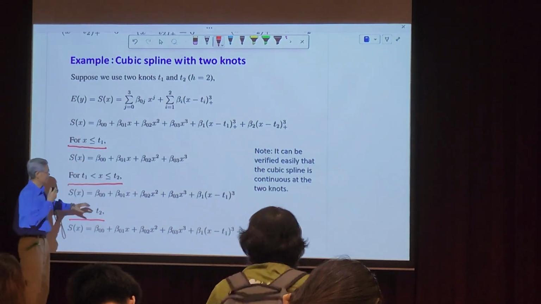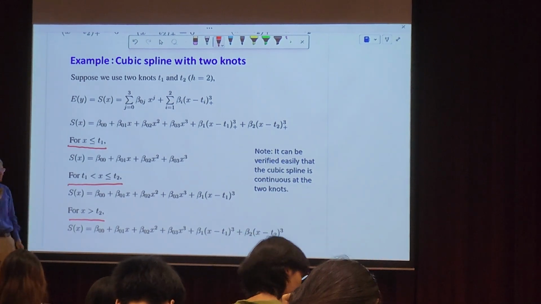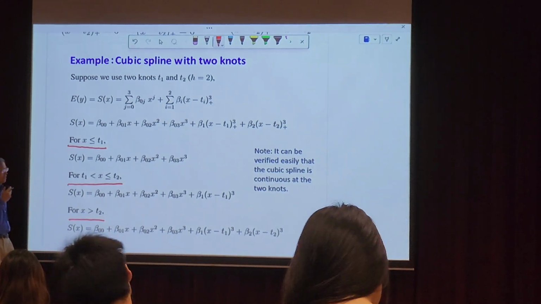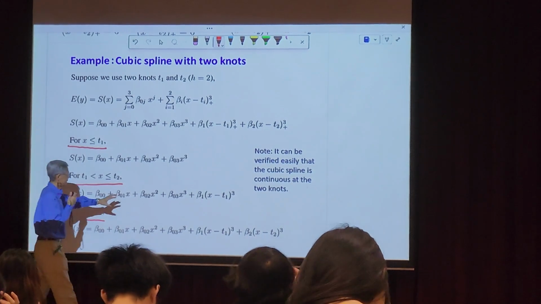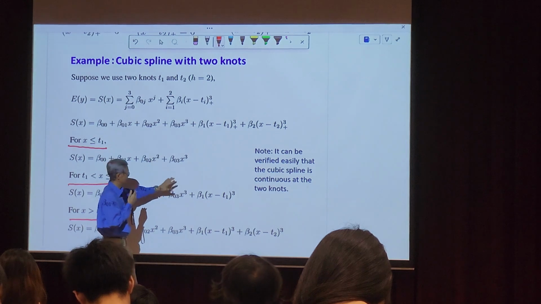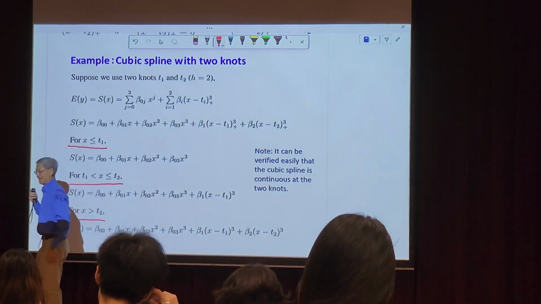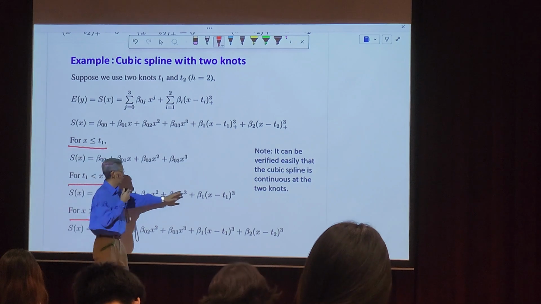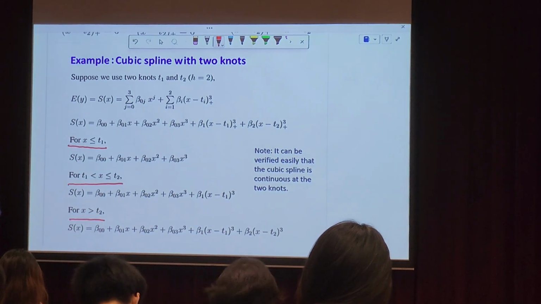So you can see that the first segment, we have a cubic polynomial. In the second segment, we also have a cubic polynomial. This polynomial is different from this because we have added another cubic polynomial. Of course, these 2 will combine together to form a new cubic polynomial. Is that clear?